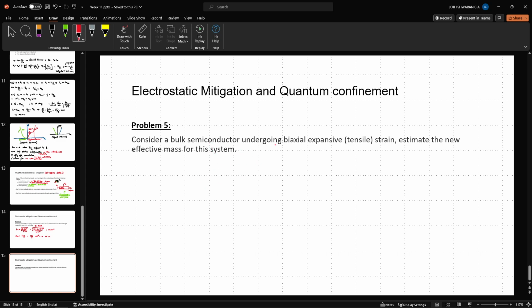Here we are considering a bulk semiconductor undergoing biaxial expansive or tensile strain. I will briefly tell you what this is. This will be explained in more detail in our next week's session. How this is typically done is we take a material of a particular lattice constant.